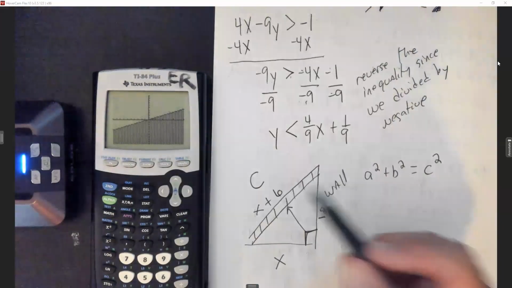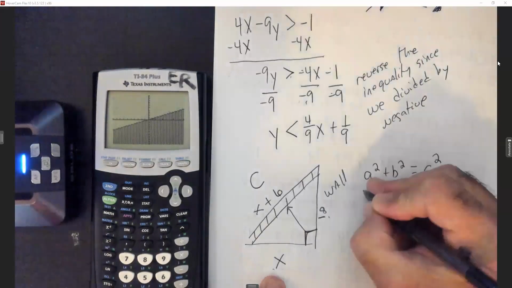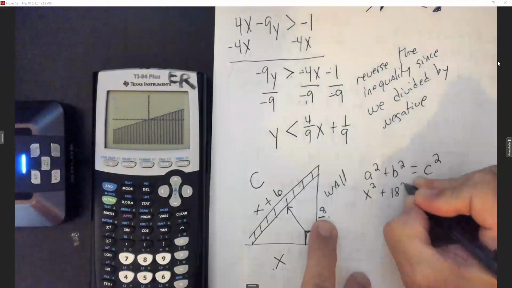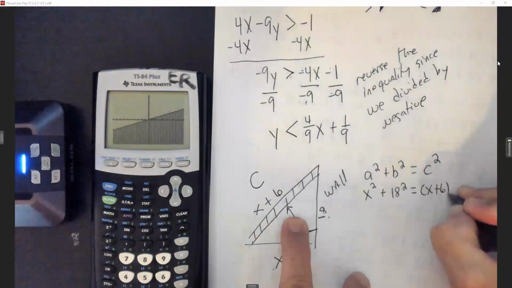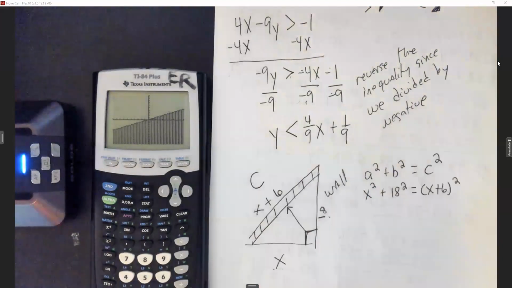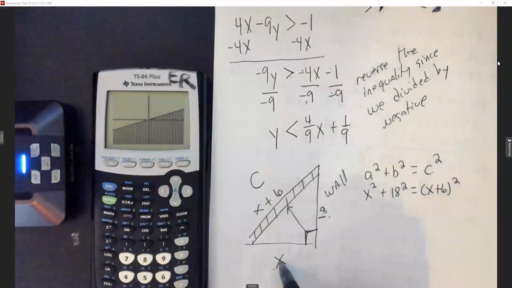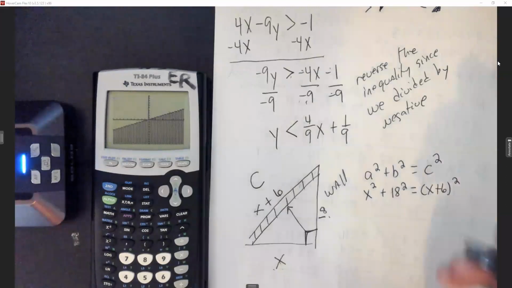So this can be a and that can be b. So I'll have x squared plus 18 squared will equal x plus 6 squared. So now we're solving this for the x, which will give me this distance, and then add 6 to get that ladder, okay? So let's solve it.